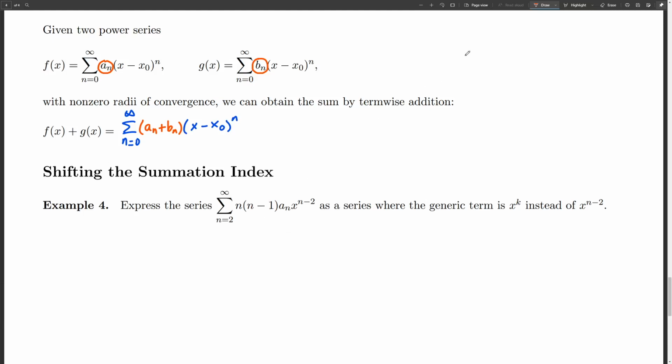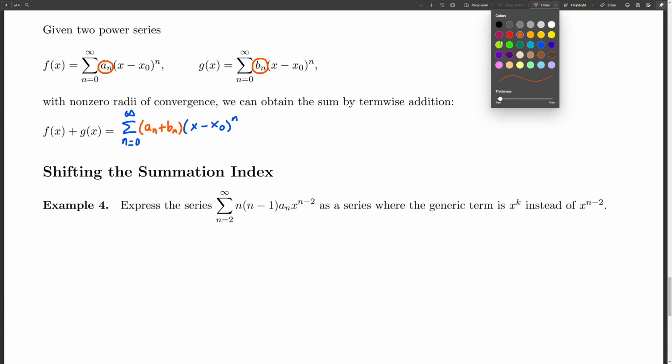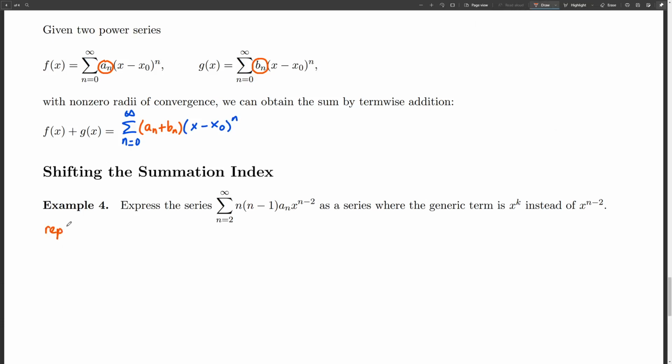So in order to do that, what we're basically doing here is replacing n minus 2 by k.